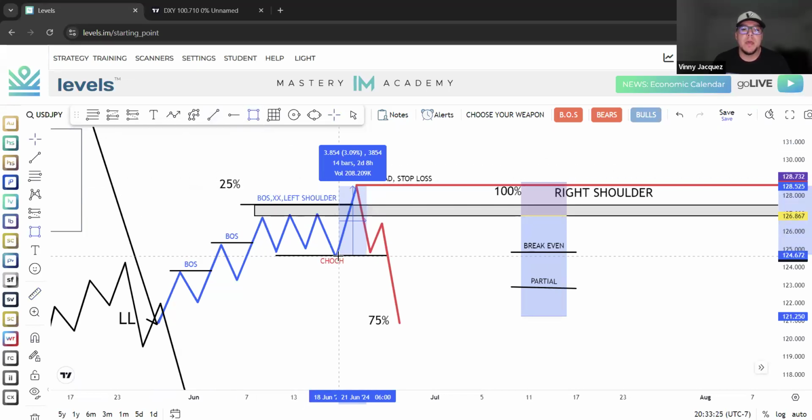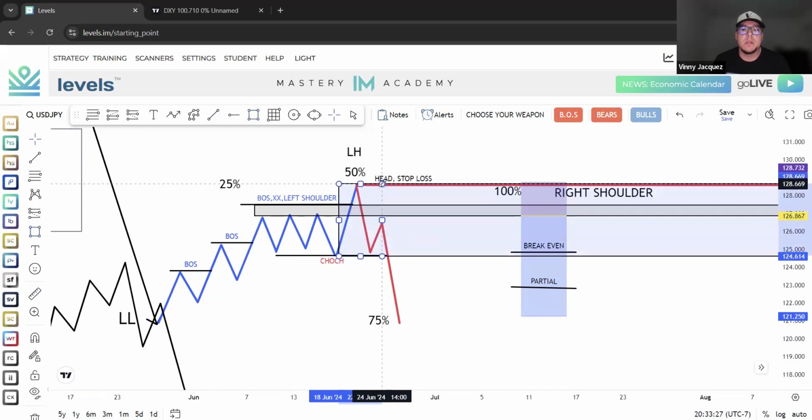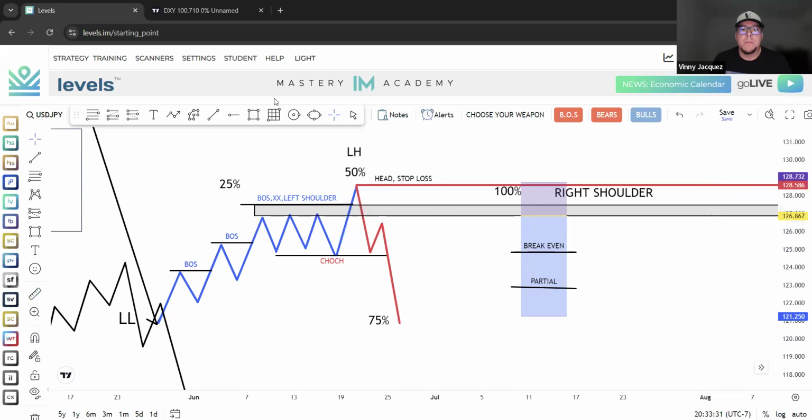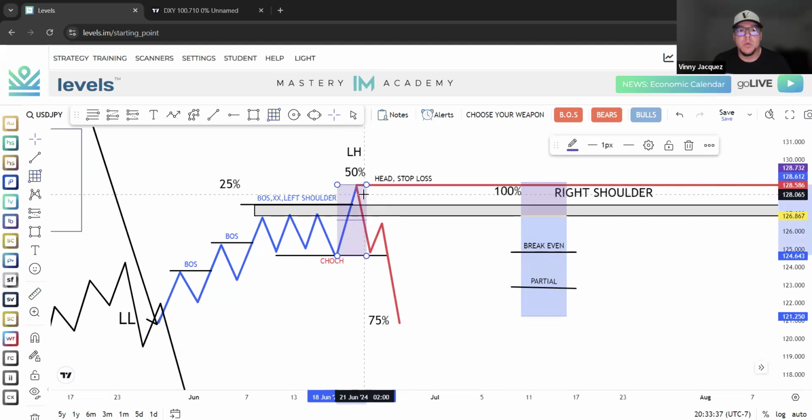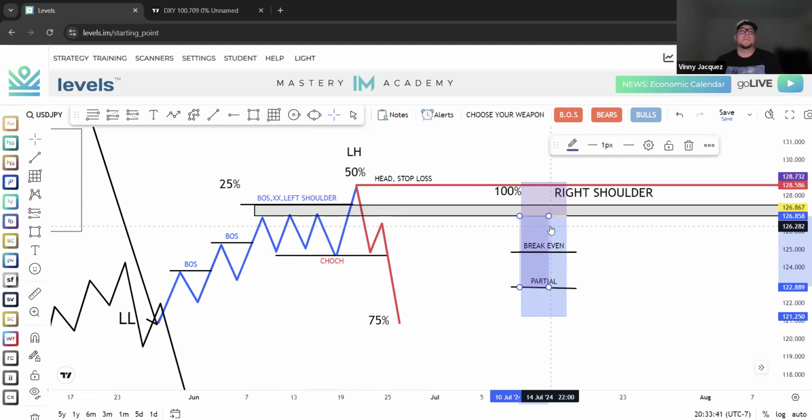So let's actually not use that box. All right. So if the banks pushed up that much to sweep liquidity, Mike would be looking for about this much to go break even.